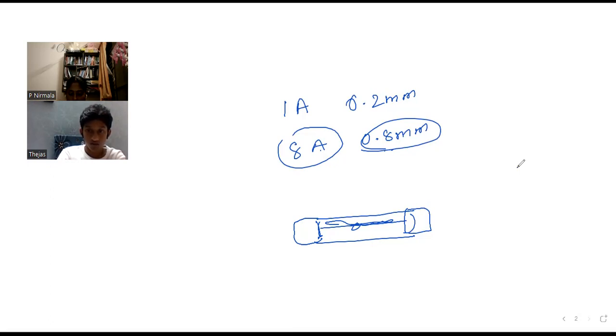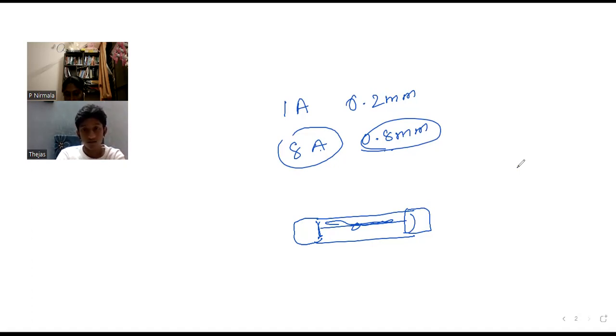So always the fuse is connected in the live wire before the appliances. Before the live wire goes to the appliances, it connects to the fuse, because when high current comes, the fuse breaks the live wire. So no current flows to the appliances. That is the reason for connecting the fuse in the live wire. Understood?